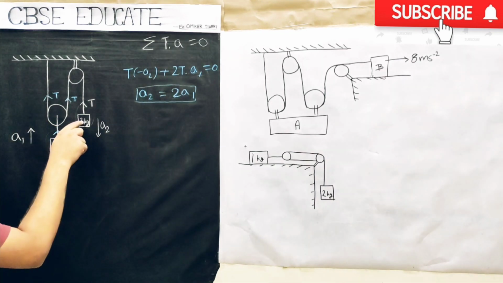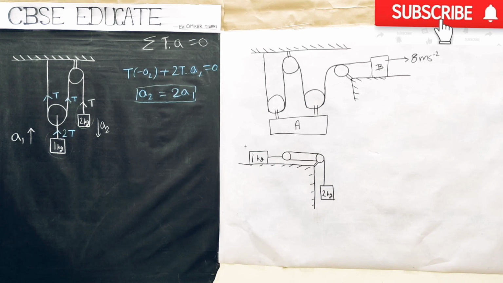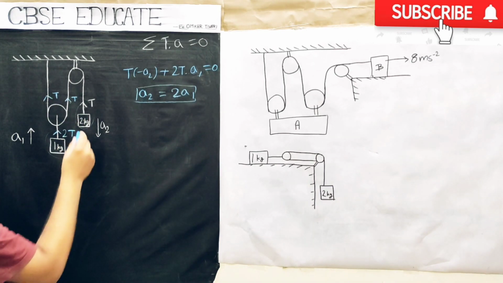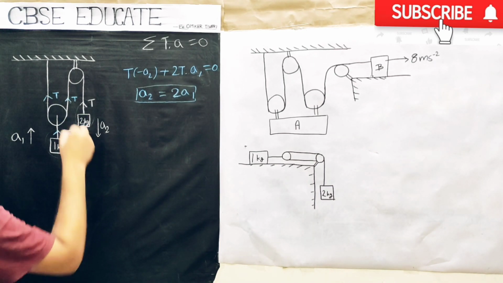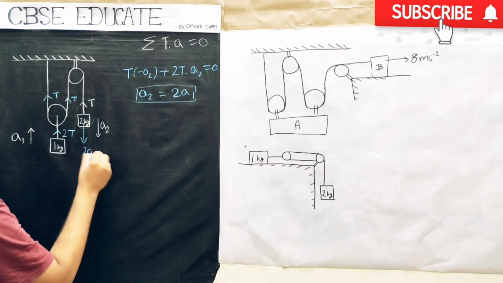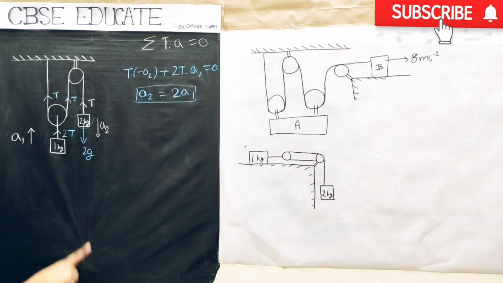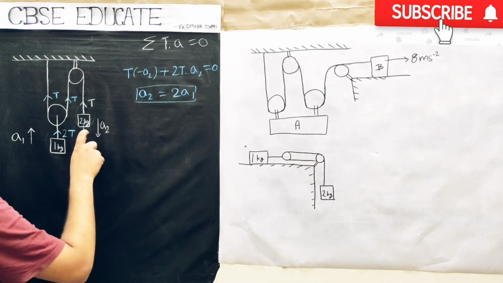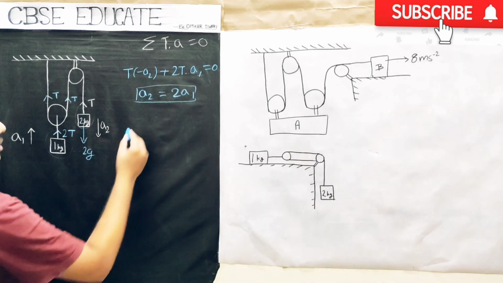Now drawing the FBD for this body. See, the mass is in downward direction, so mg is 2g. Now the FBD for this will be what?